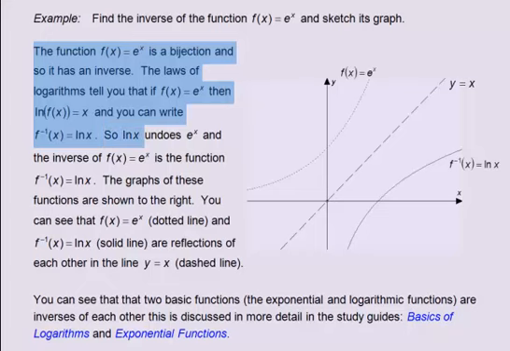So, ln x undoes eˣ, and the inverse of f(x) = eˣ is the function f⁻¹(x) = ln x.